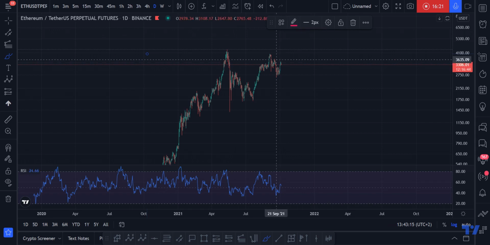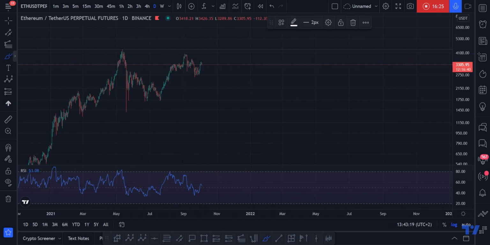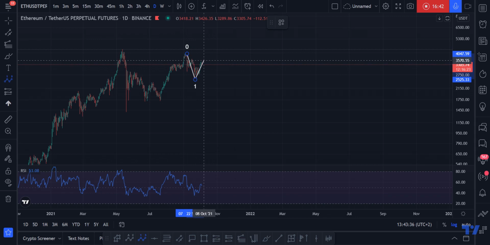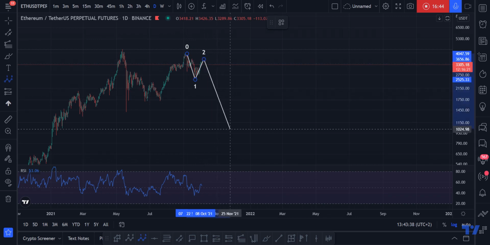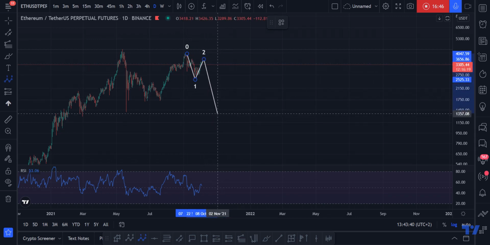By analyzing waves, by analyzing structure, you can estimate whether this is a corrective move to the downside or an impulsive move to the downside. When it's an impulsive move to the downside, you're going to see a first wave, second, and then a bigger, faster move.